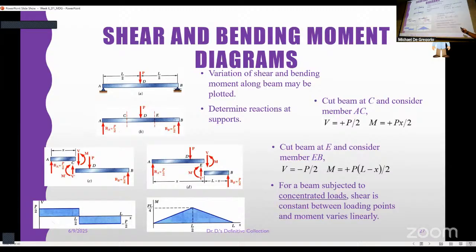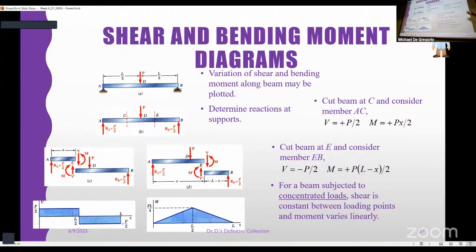And if I do that, I can say, well, at x, I cut the beam at C, and my shear has to balance my reaction, right? And my bending moment is a function of how big of a piece I cut off.